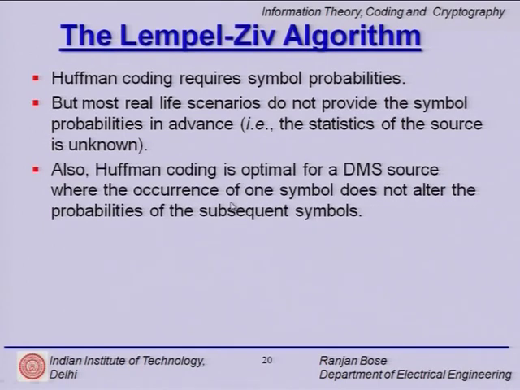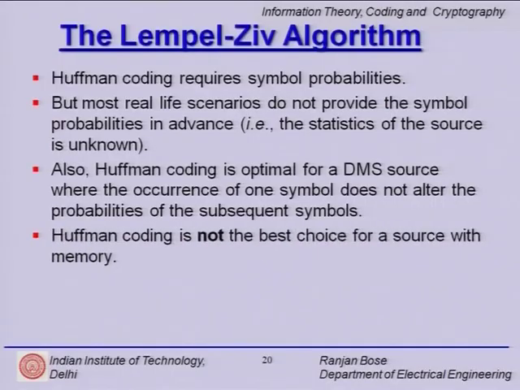Huffman coding is great for a discrete memoryless source, so the occurrence of one symbol does not affect the occurrence of the subsequent symbol. An occurrence of a Q will not influence whether a U will appear after that, but that is asking for too much.